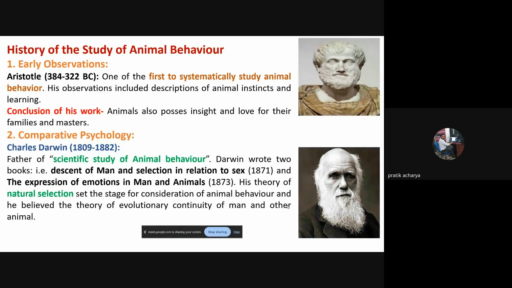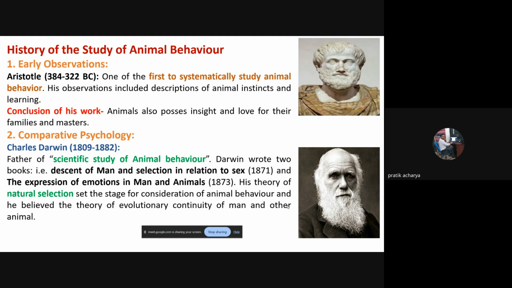was performed by Charles Robert Darwin, and in his books The Descent of Man and Selection in Relation to Sex, and The Expression of the Emotions in Man and Animals, he observed that there is a behavioral change, behavioral evolution in organismal patterns.